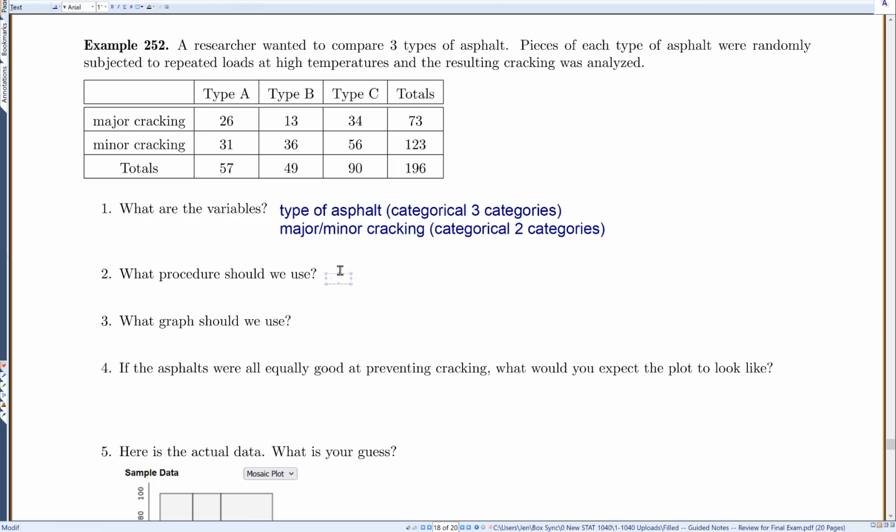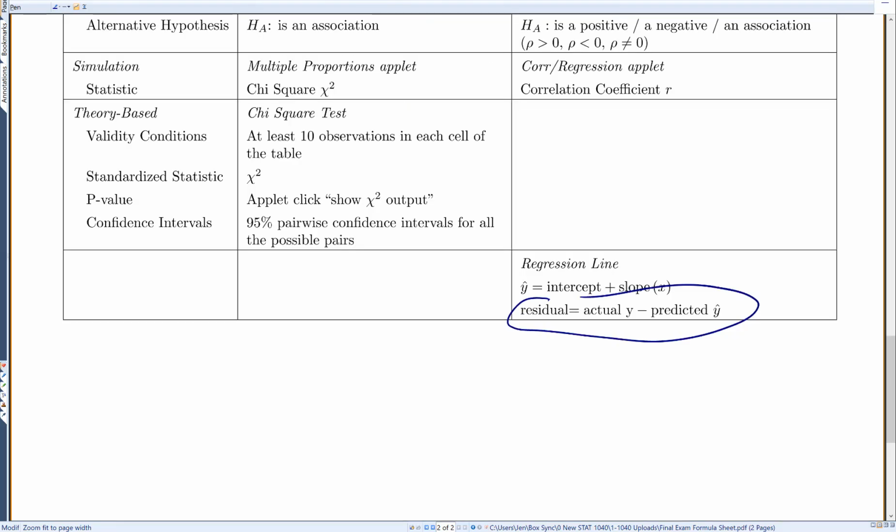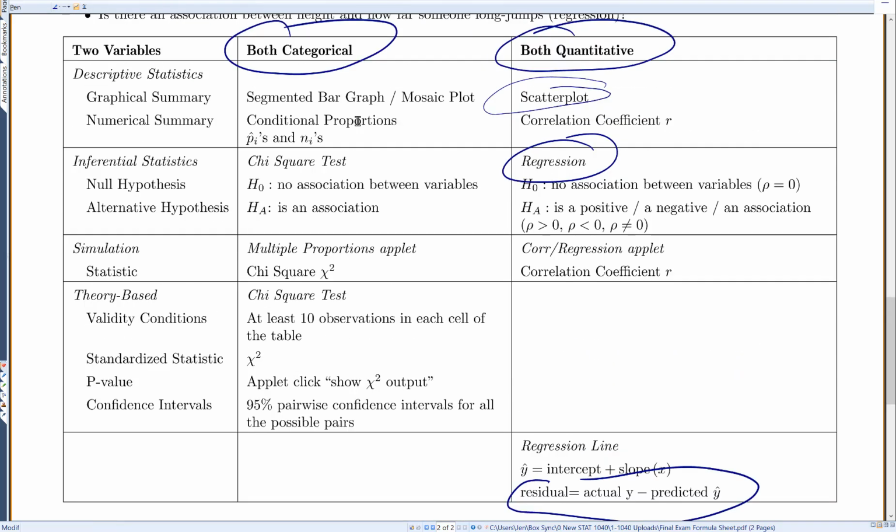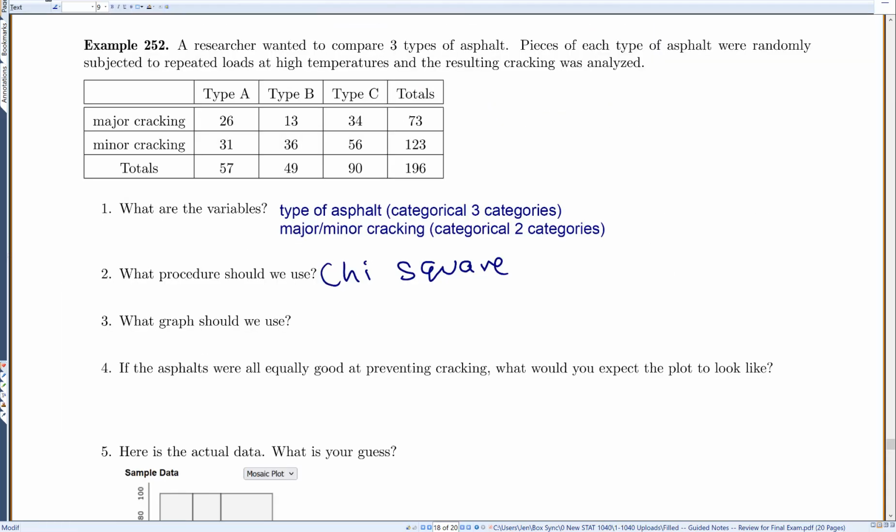So what procedure should we use? We want to use chi-square. And if you come back and look, we need a segmented bar graph or mosaic plot. Now, if all of our asphalts were all equally good at preventing cracking, what would you expect the plot to look like?